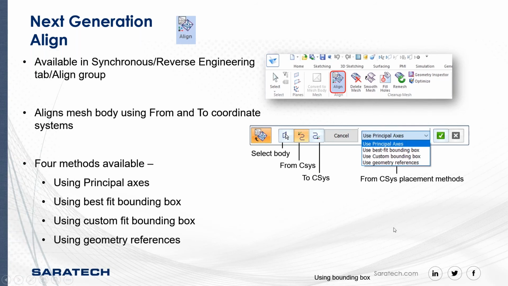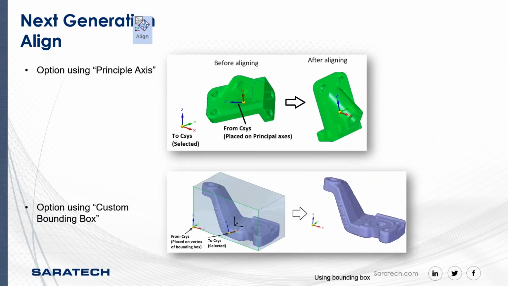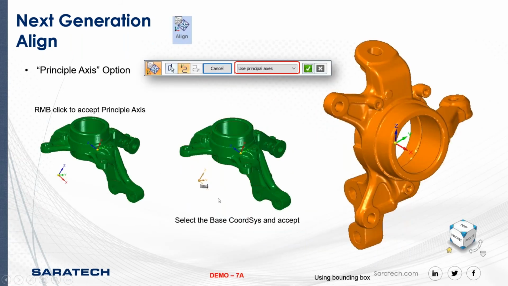So we've got a couple examples here. So here's what it will look like from the principal axis up above. So from or to. And then we've got the option using the custom box. So here we've got a box. We're using it from and to. And then our principal axis option. So you can see here I'm changing my axis system from the to.